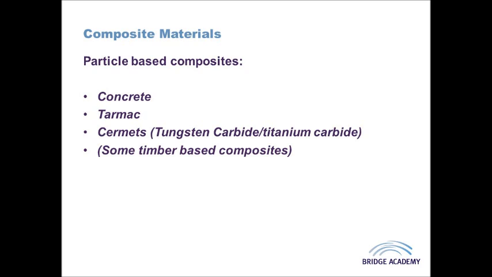Another key example of particle-based composites which you should know about are cermets. These are a group of composites where they are a mixture of generally metal and ceramic particles. Now, one example of this is tungsten carbide, where you're combining the ceramic tungsten carbide and the metal cobalt together. And it's used extensively for things like cutting tools.